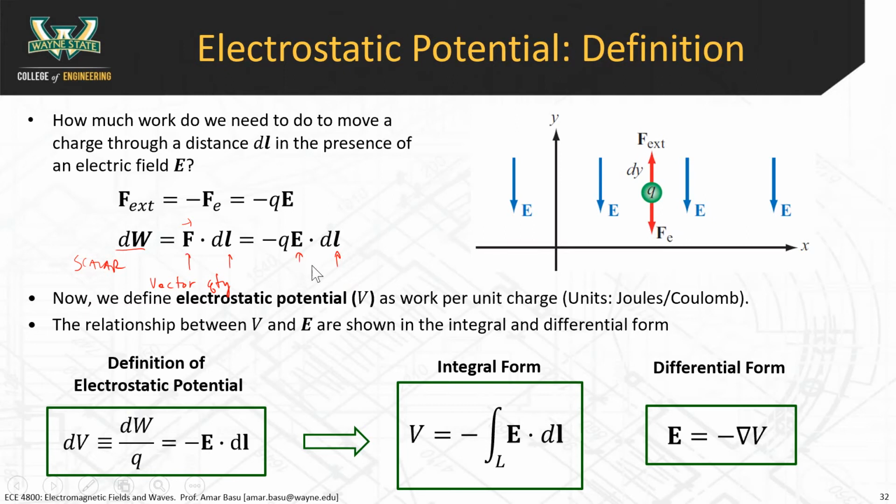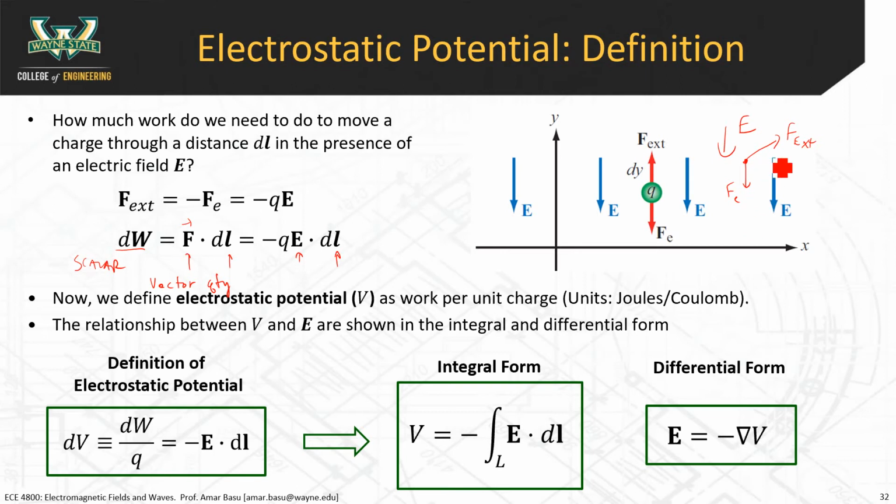All right, so this dot product accounts for the case where, let's say your electric field is in this direction, and your external force is in this direction. Let's say they're not lined up nicely like they are in this diagram. So your particle experiences an electric force this way and an external force going in this direction.